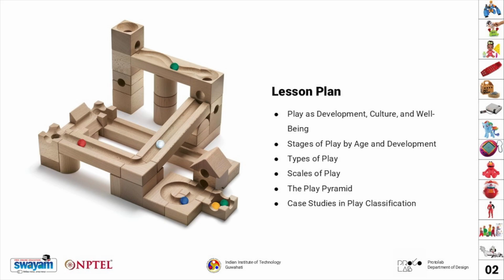After that, we will introduce two design frameworks, the scales of play and the play pyramid, that help us analyze toys not by age or market category, but by the kind of experience they afford.